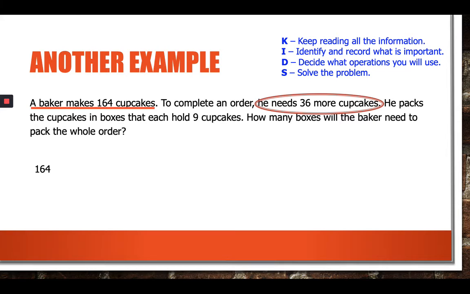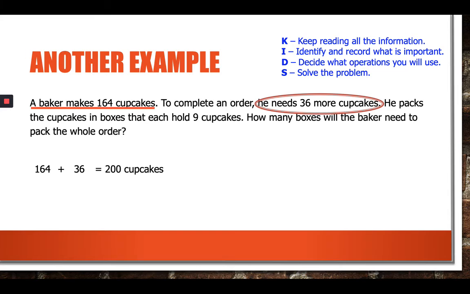He has to make 36 more. What operation will we use to complete this order? Will we add, subtract, multiply, or divide? Correct. We're going to add 36 more cupcakes. And when we add 164 plus 36, we know that we have 200 cupcakes altogether.